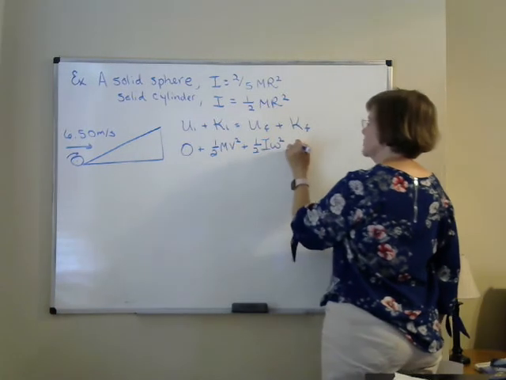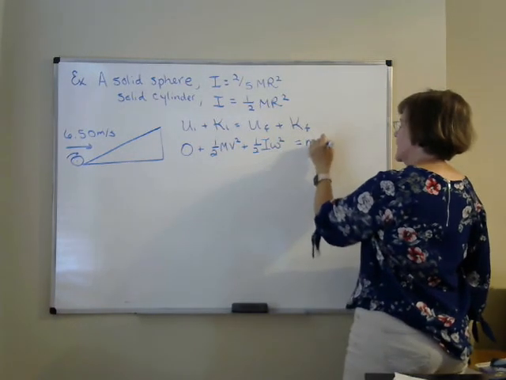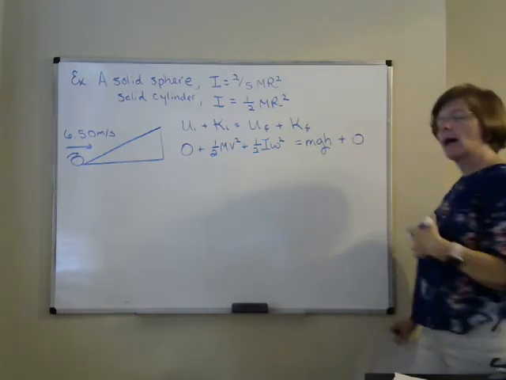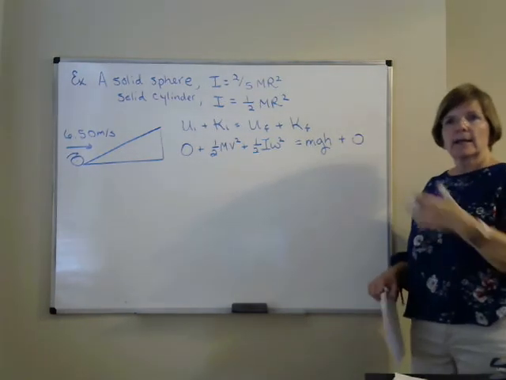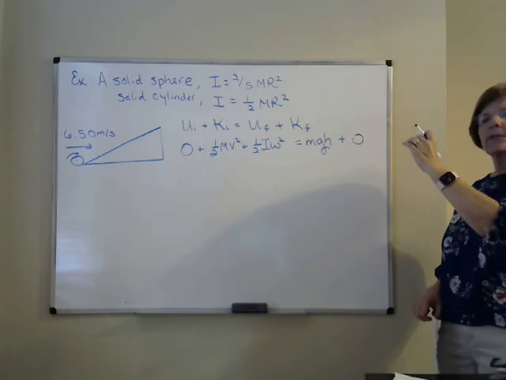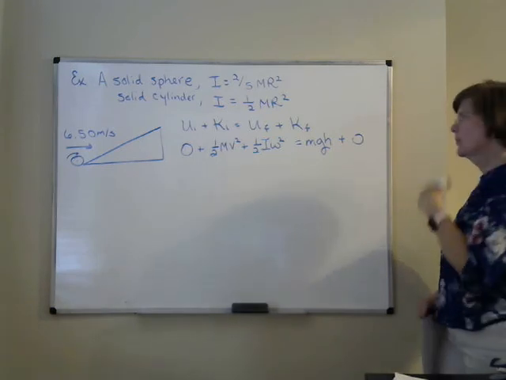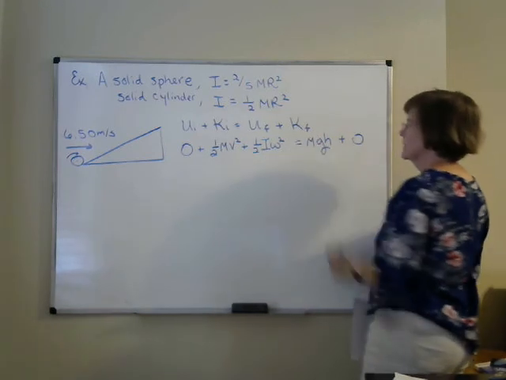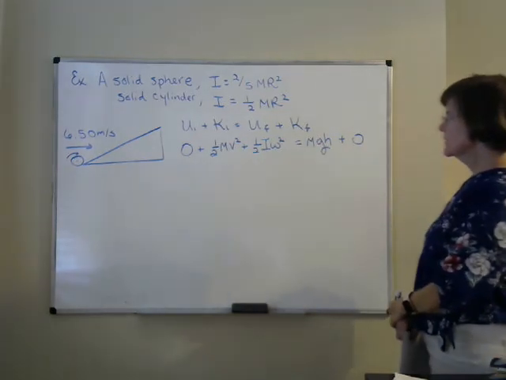And that has to equal mgh plus 0, because at its highest point, it has stopped. It will roll up, it will momentarily stop, and then it will roll back down. All of these are capital M's. All right, so we're doing the sphere.